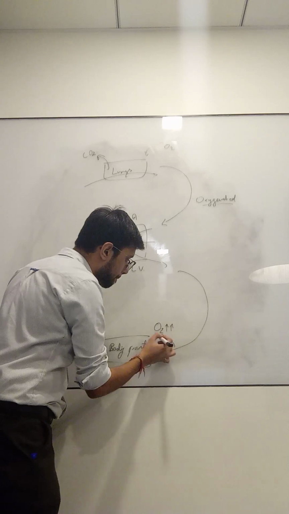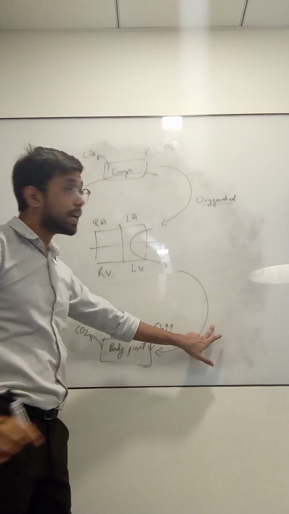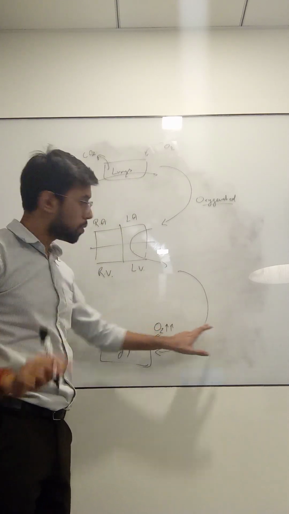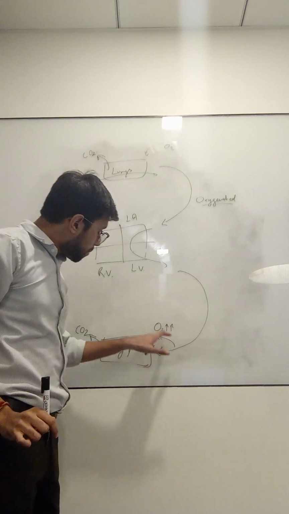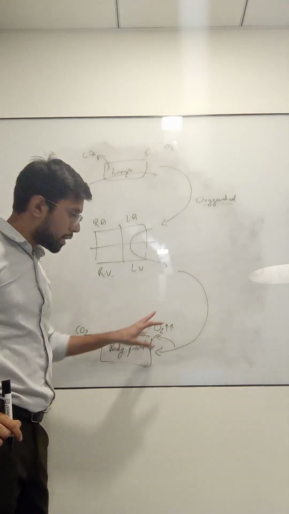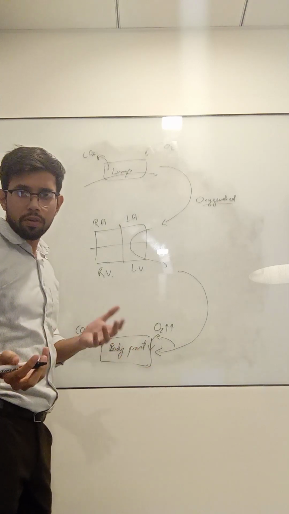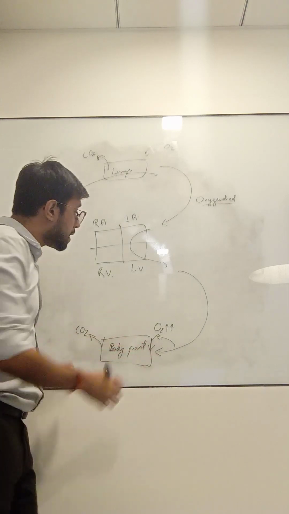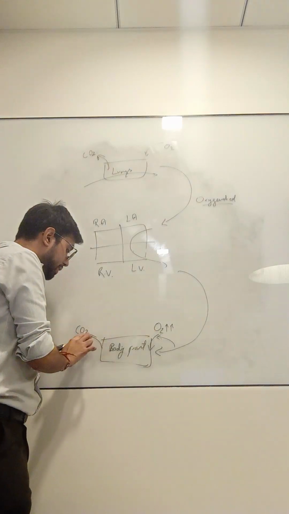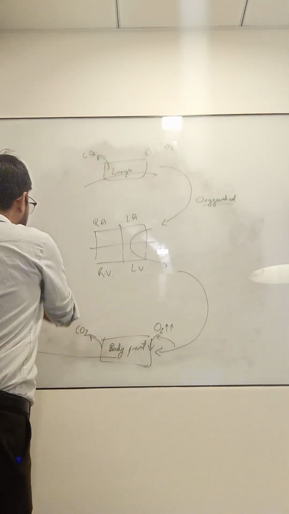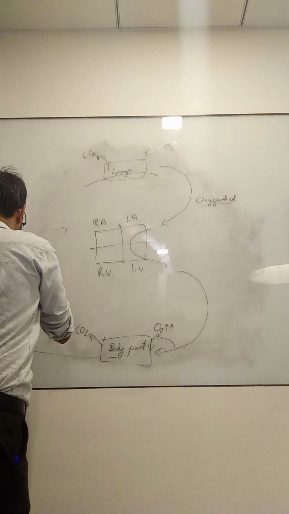This blood that is oxygenated is carrying oxygen. This oxygen would be transferred to this body part. It will take up oxygen because it requires it for its metabolic activities. It will take up the oxygen and release CO2 into the blood, and the blood will become deoxygenated.